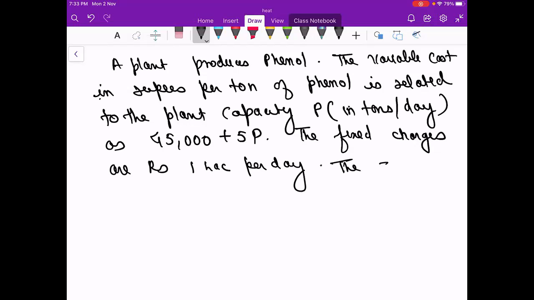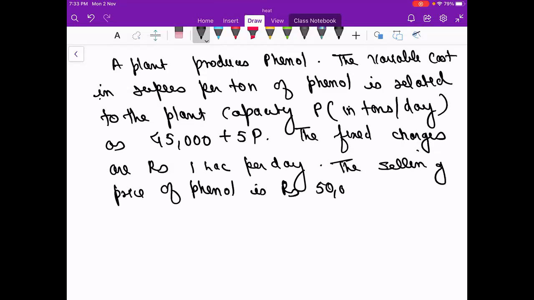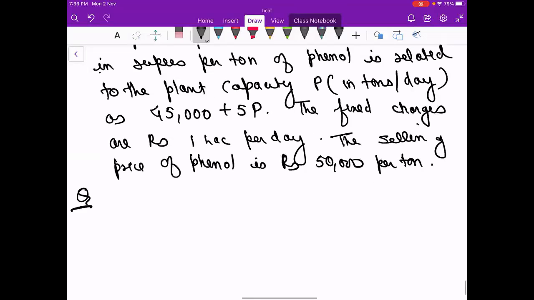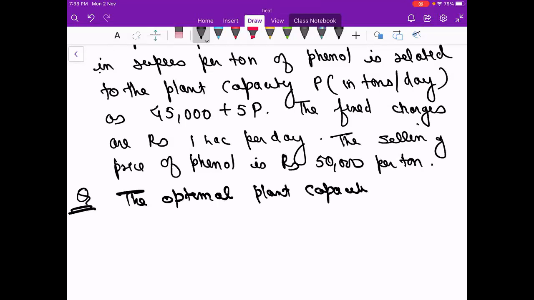The selling price of phenol is rupees 50,000 per ton. Question one: the optimal plant capacity for minimum cost per ton of phenol.